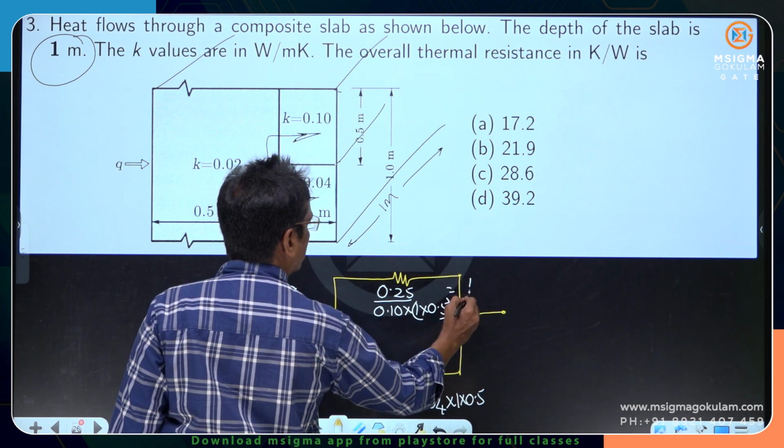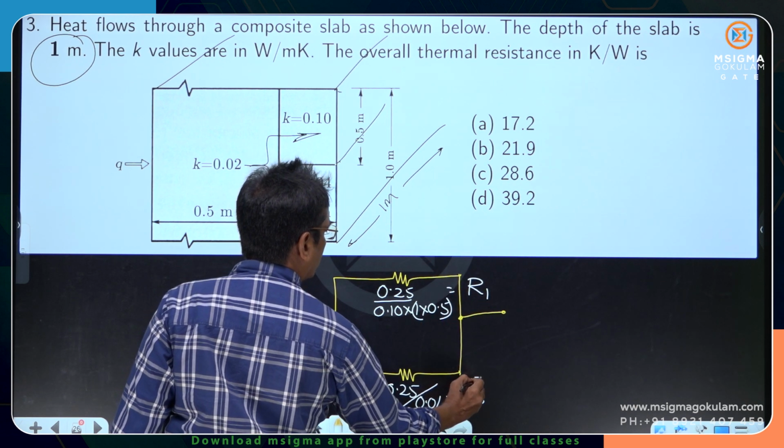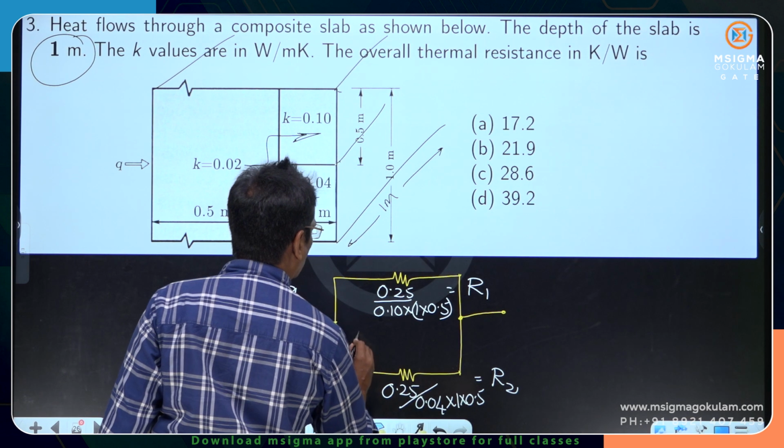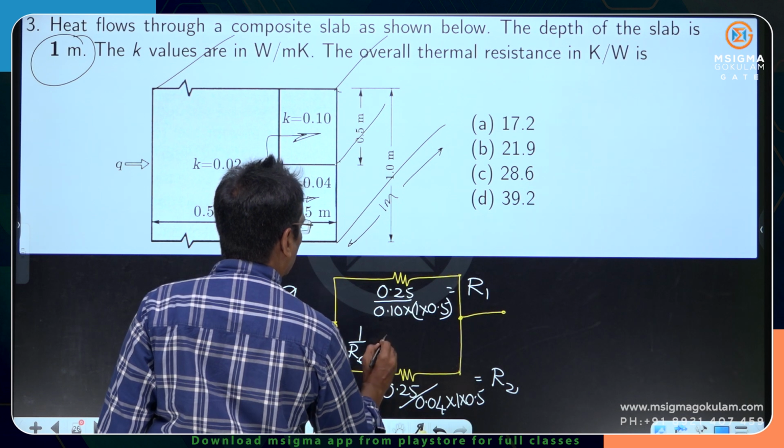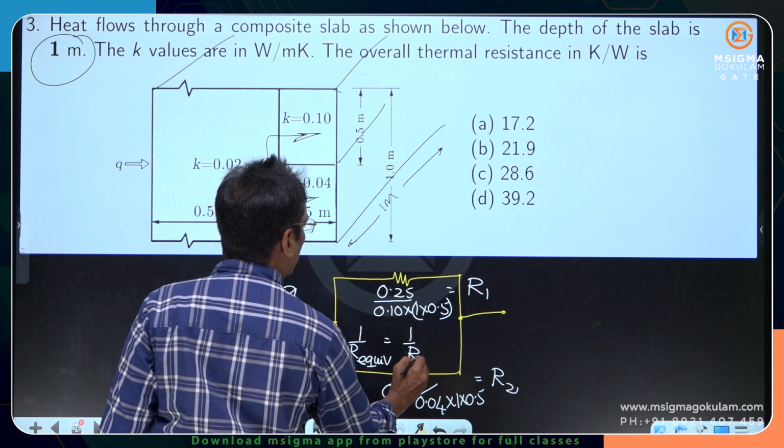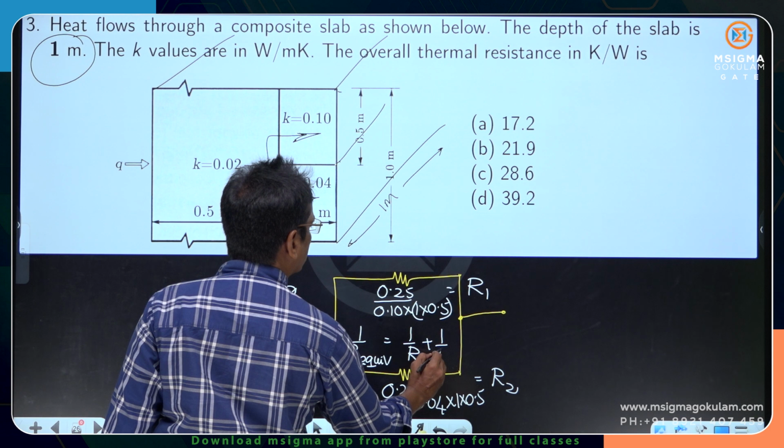If this resistance is R1 and this resistance is R2, 1 by R equivalent. First you merge these two parallel resistances by using this formula, 1 by R1 plus 1 by R2.